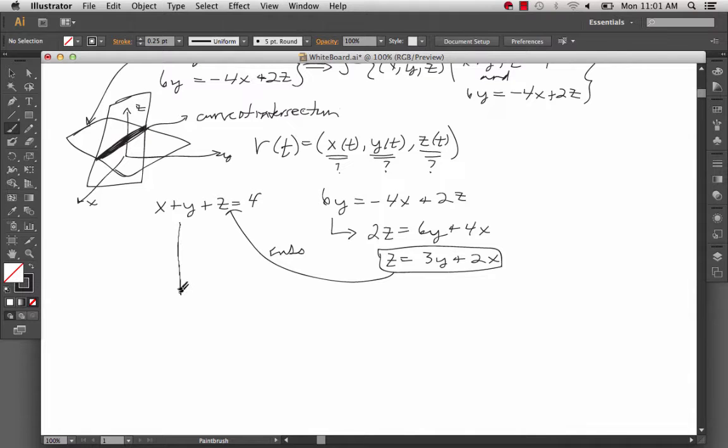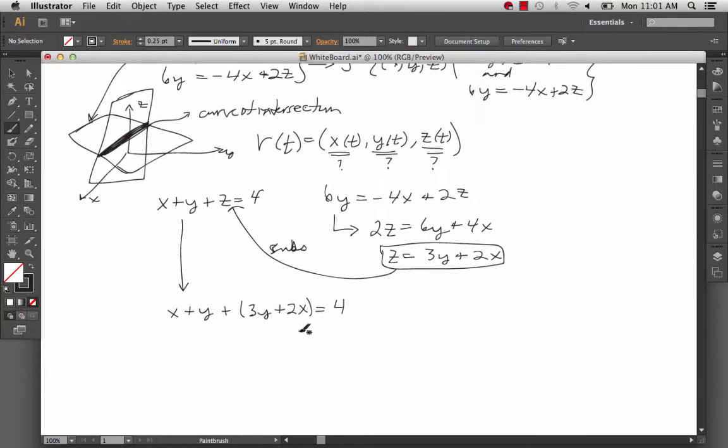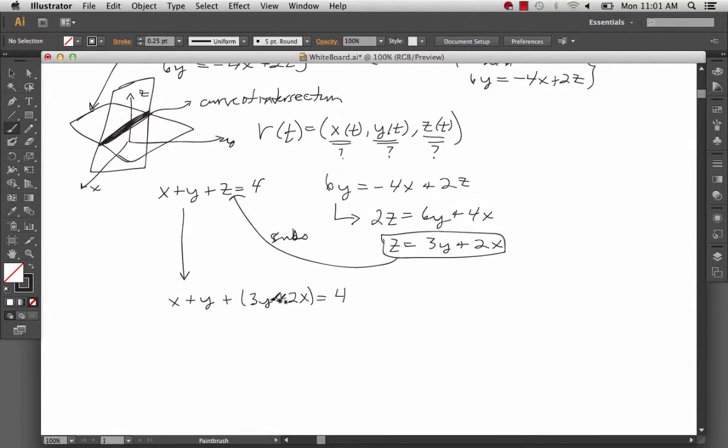Once you make that substitution, you'll get x plus y, and at the moment, we're just following our nose. We're just doing what you would think to maybe try, and I'll show you how it leads to the solution in just a second. Now we have an expression that has only x's and y's.